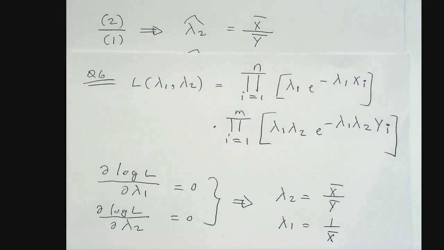Because first you need to simplify the likelihood function, then take the log, then take the partial derivatives, set them to 0, and solve the two equations. So these are the two ways to do this, right? They're clear, guys? All right. And you guys do question 7 now, please. Question 7.